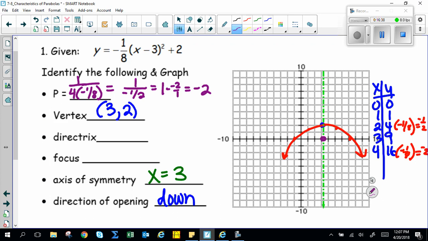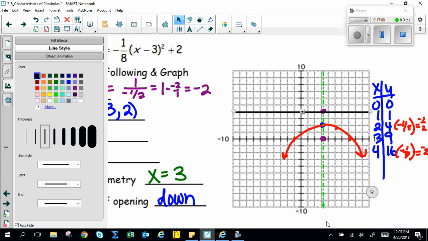2 units outside the parabola is a point on the directrix. Okay? So this one will be easy for us to get the coordinates of because they're nice whole integers here. I'm going to draw my directrix going through that point. Maybe I'll change the color of it so it stands out a little bit better.